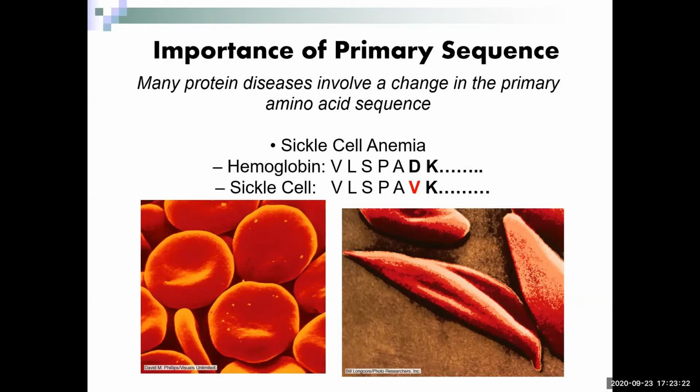Or wala. D, yung D pala sa hemoglobin refers to aspartic acid. So instead of aspartic acid, naging ano siya, valine. So, kailan ba nagkakaroon ng changes sa amino acid na sequence? The amino acid kasi can be combined based on the data na nandun sa DNA sequence.